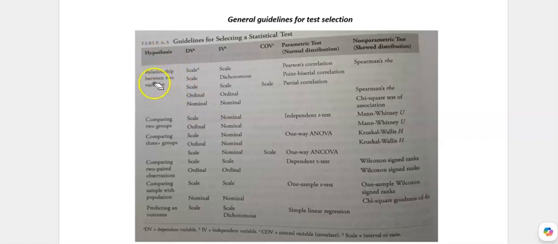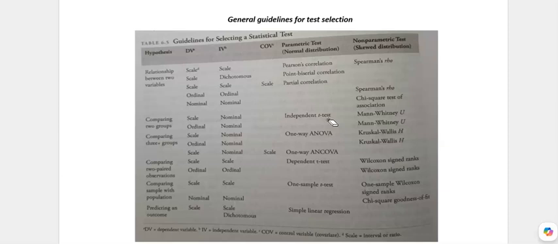So these are the inferential statistics testing the relationship: correlation and the chi-square test. Now you compare two groups, the means or averages of two groups. That we call the independent t-test.